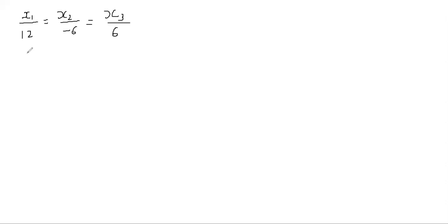What we will get is x1 by 2, x2 by minus 1, x3 by 1. So what is the eigenvector? The eigenvector x will be 2, minus 1, 1.